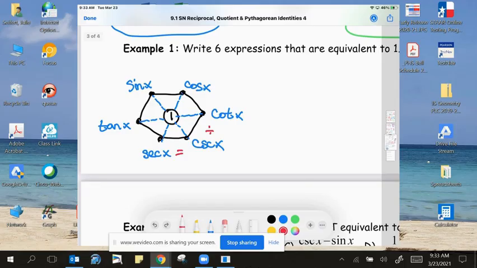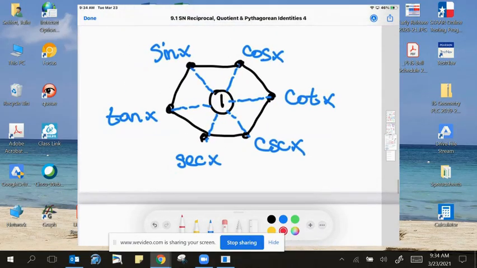Okay? Now, we started this to help you with the Pythagorean identities, the squared ones. The very first one we talked about was sine squared x plus cosine squared x equaling 1. Let me show you how this works. Sine squared x plus cosine squared x equals the 1.